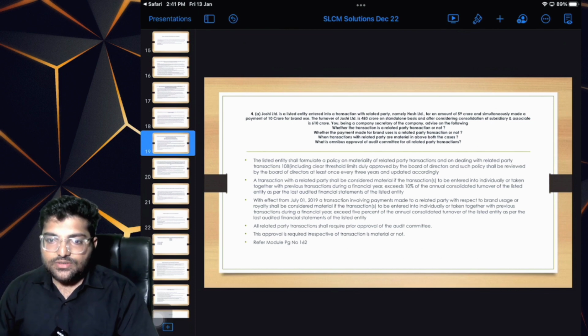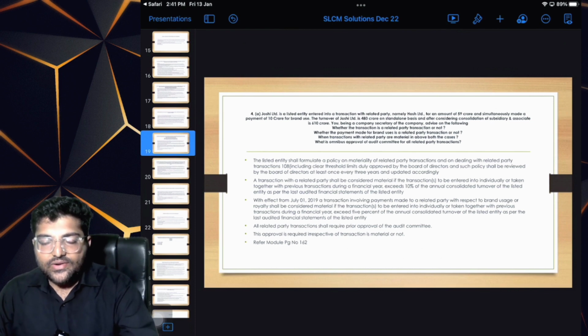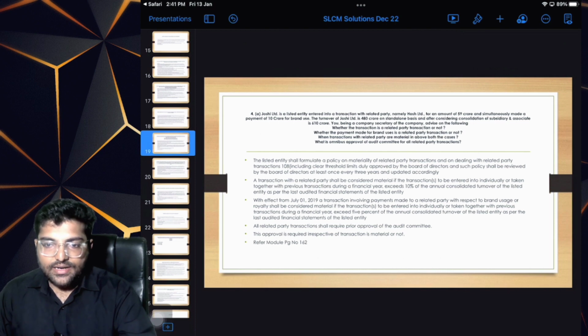And the next question was regarding related party transactions. Over here the question was: Joshi Limited is a listed entity that entered into transactions with a related party, namely Host Limited, for an amount of rupees 59 crore, and simultaneously made a payment of rupees 10 crore for the brand use. The turnover of Joshi Limited was 480 crores on a standalone basis, and after considering the consolidation of subsidiary and associate it is 610 crores.